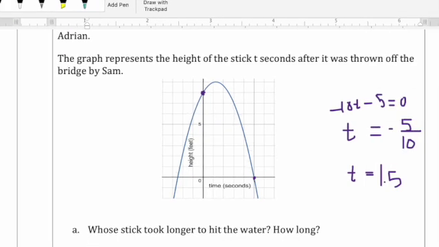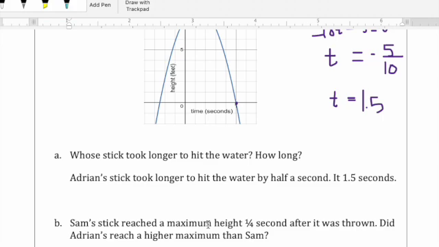Adrian's stick took longer to hit the water by half a second. It took 1.5 seconds.